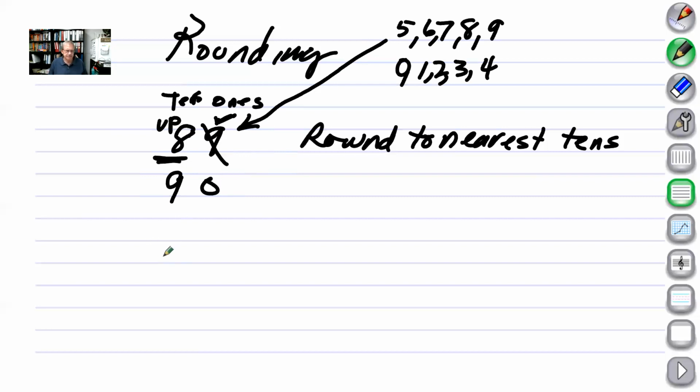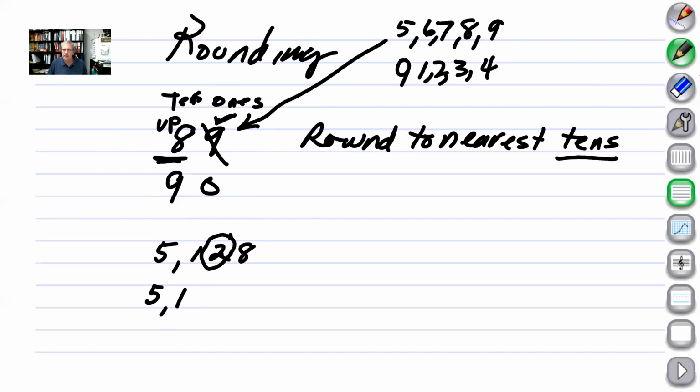Let me give you another one. Let's take this one, 5,128. Okay, I want to round to the nearest tens. Okay, I want to round this to the nearest 10. 5 stays, 1 stays. Now we're deciding, should this stay a 2 or become a 3? We look at the 8, the number right behind it. This is the place we're worried about.